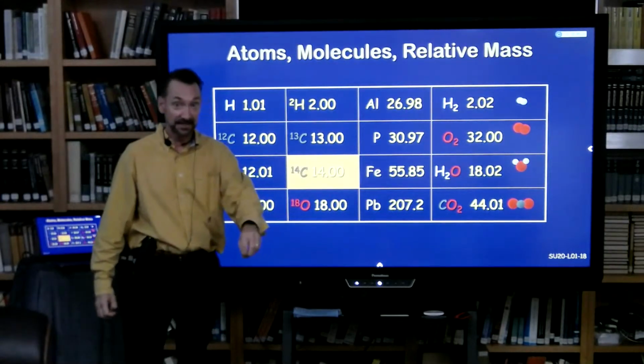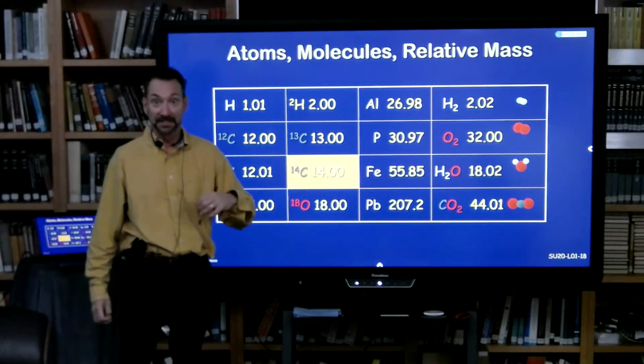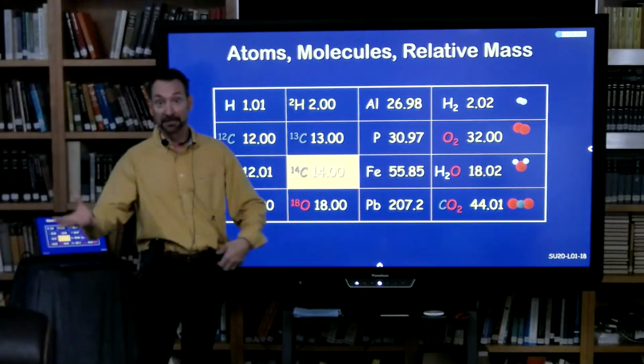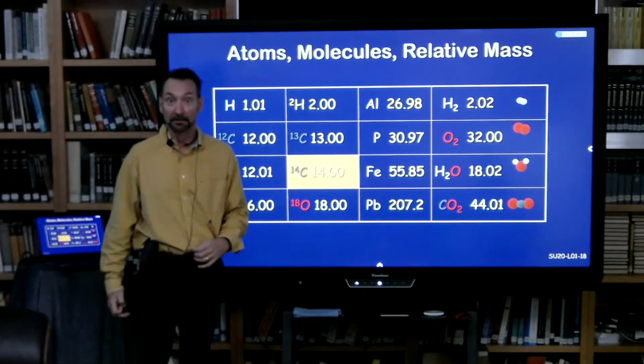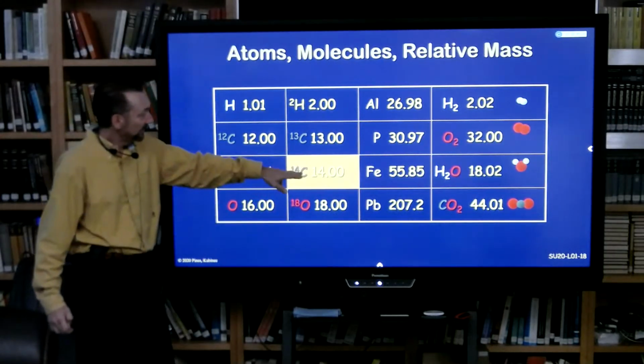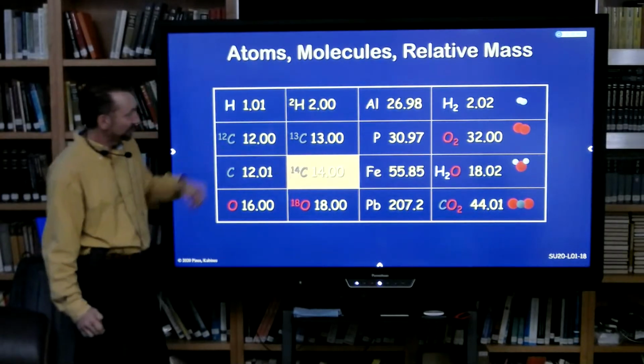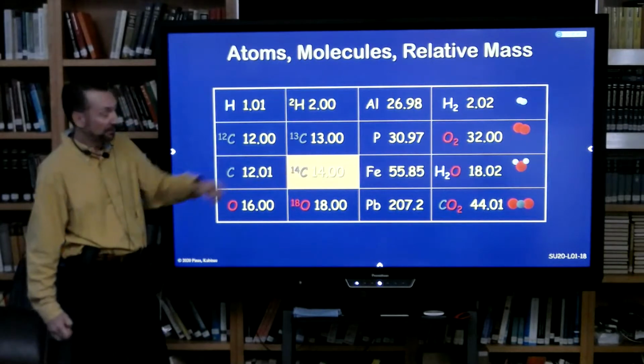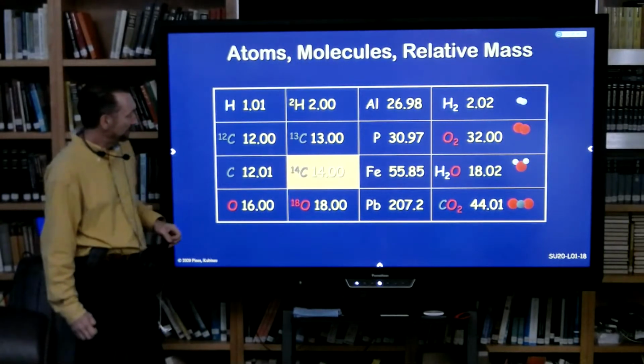So you could take a sample of your body, measure the carbon-14, and see how long ago you died. If you're a plant, animal, dinosaur, whatever you are. So that fact that there's a mixture of those nuclei has some value, those relative masses that we can measure.